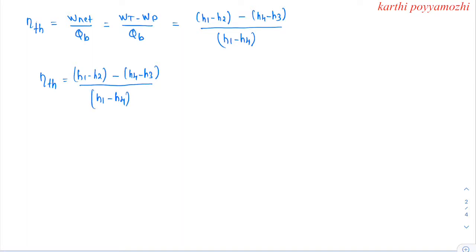The work done on the pump is very negligible, so the value of H3 can be equated to H4, that is, H4 is equal to H3, since the pump work is being neglected.